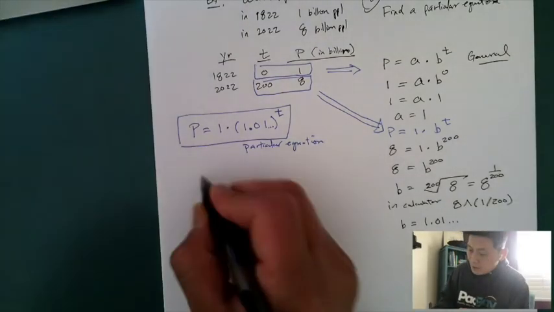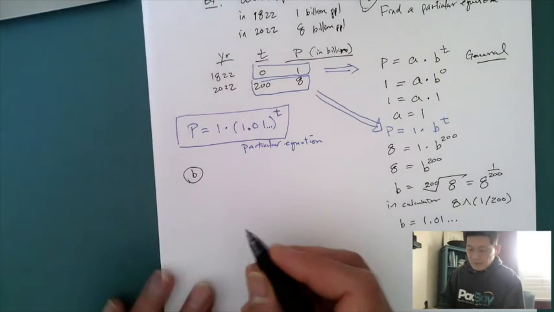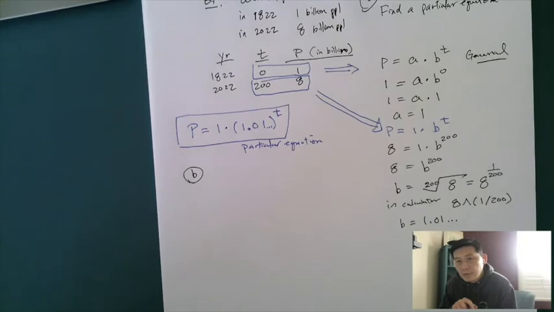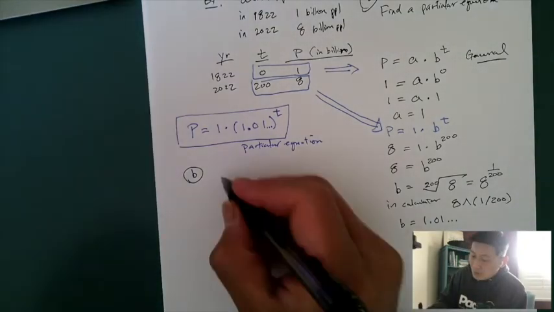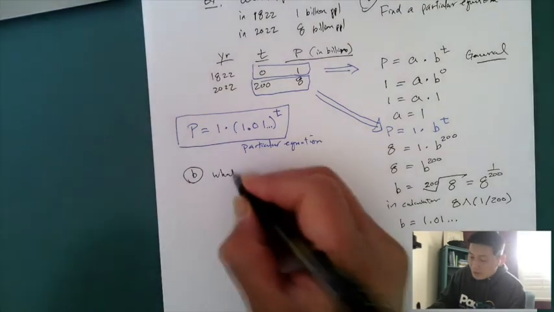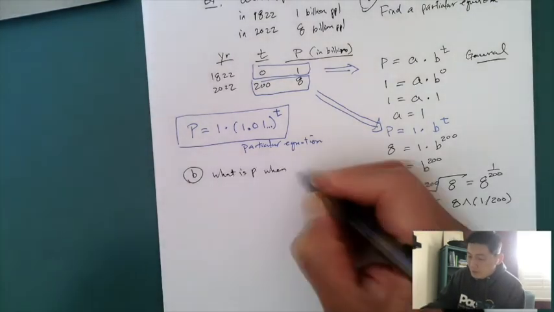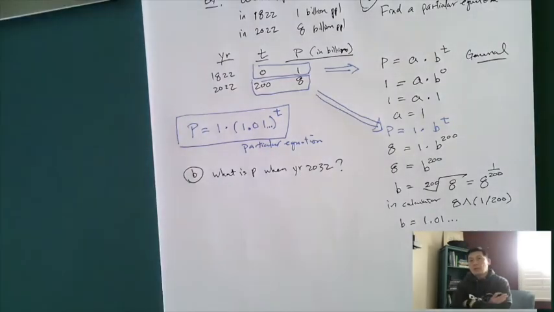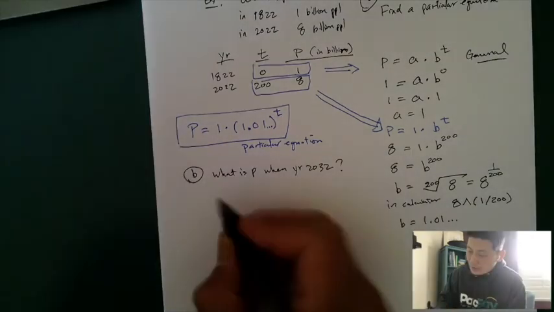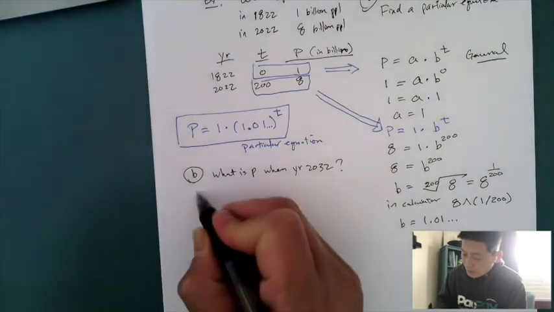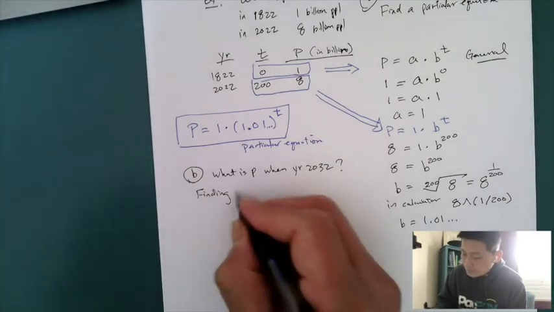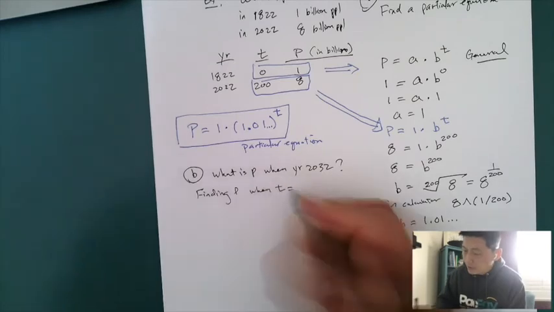So part B, if part B asks your question, hey, what about in 10 years? Aren't you curious that in 10 years, how many people will we have in the world? So what is the population? What is P when year is 2032? That's the next question. So what we're really looking for is we're finding P when T is equal to what?